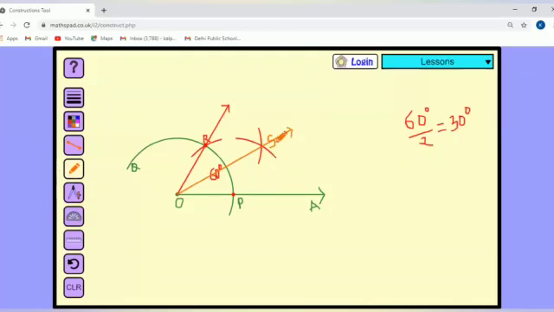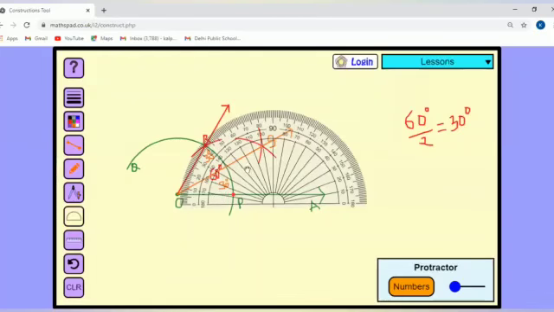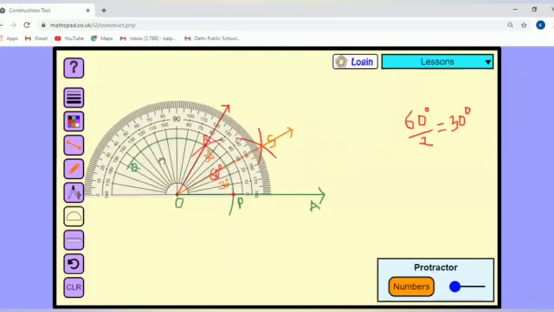Now 60 degrees you bisected into two parts, which is 30 degrees and 30 degrees. Let us check. If you observe, it is on OA, 0, 180 line, 0, 10, 20, 30 degrees.